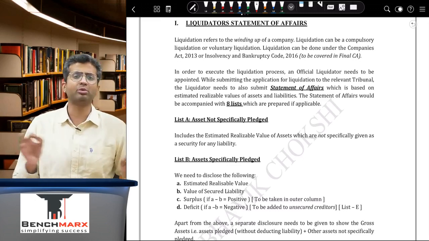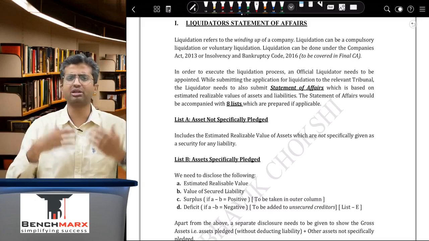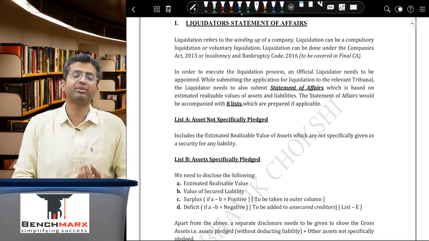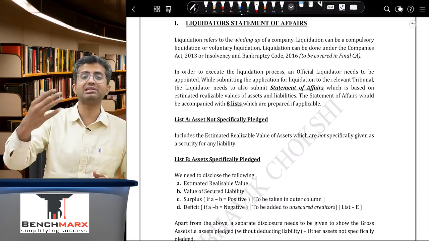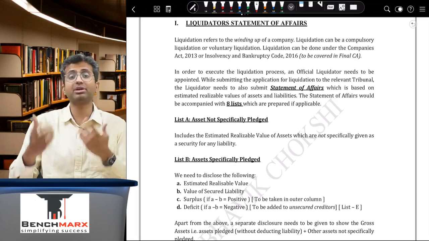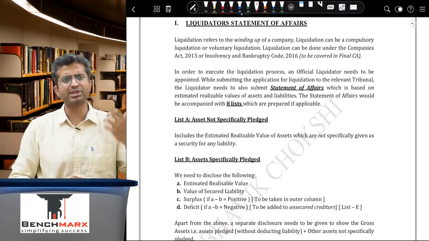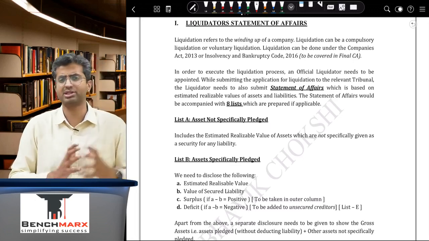So the liquidator statement of affairs gives to the court, to the members, to the creditors, whoever is the recipient of this statement, the estimated realizable value of the assets of the company and the estimated amount at which the liabilities will be settled, presenting at the end whether there will be some surplus or a deficiency which has to be shared by the members, by the creditors, etc.